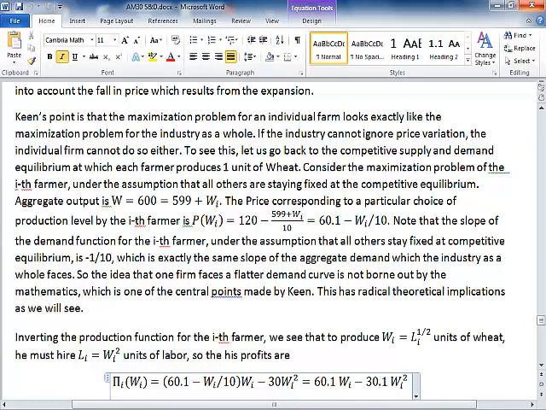That is, as I change my W, my production level, the price fluctuates exactly as the price fluctuates for the industry as a whole. Now, if you solve the problem for the industry as a whole, you find that the industry as a whole should not produce 600 because it's a monopolist. 600 is the output in perfect competition.